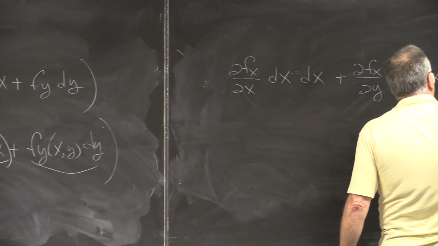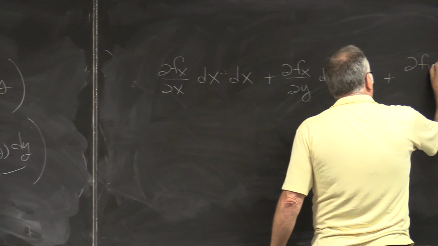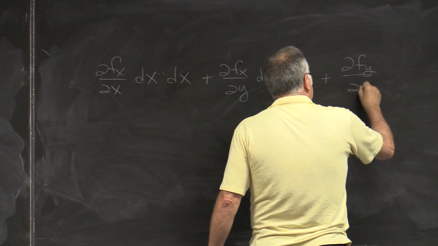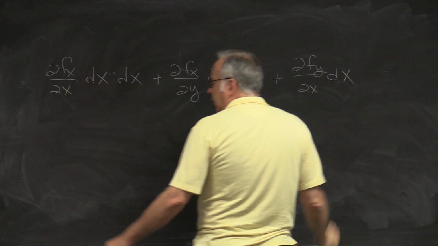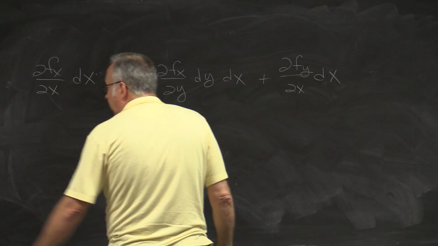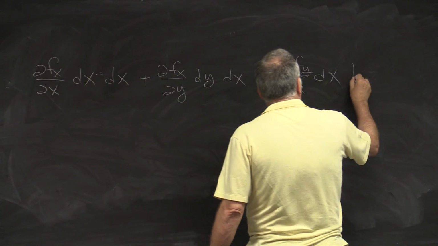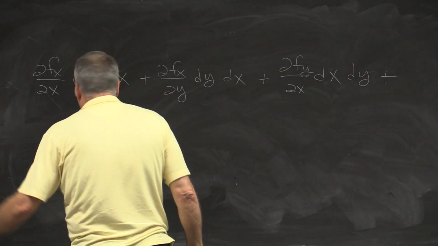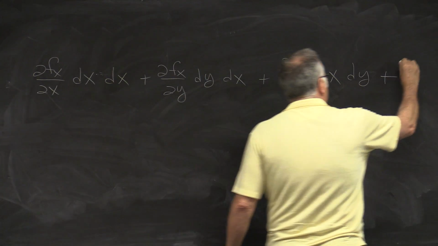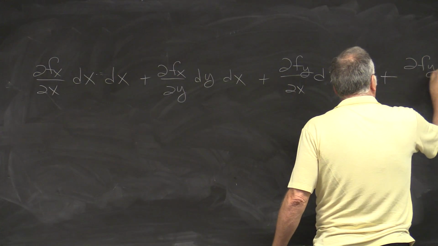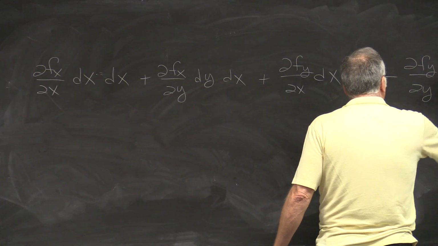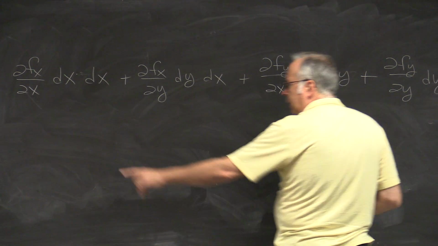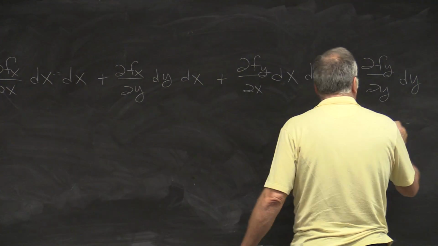It will be partial fy, partial x dx times dy. It's already there. Plus partial fy, partial y times dy times the dy that's already there.